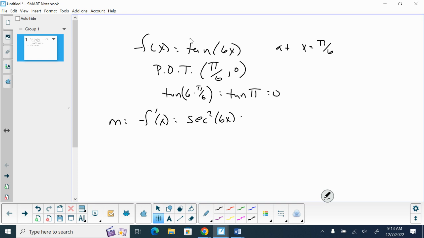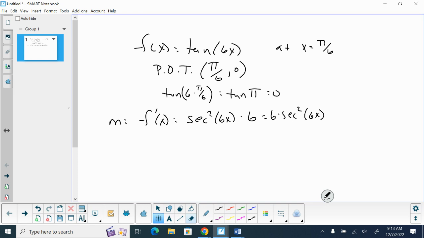But then we have to multiply it by chain rule, the value of 6. So we have 6 times secant squared of 6x.